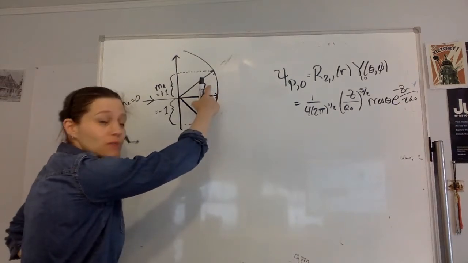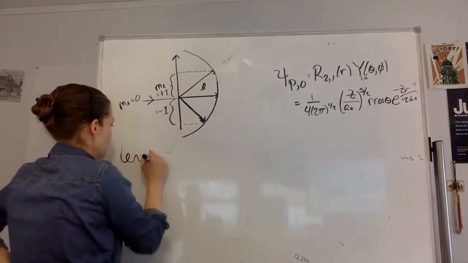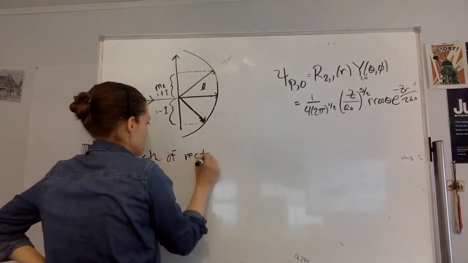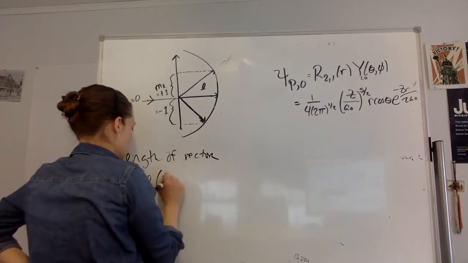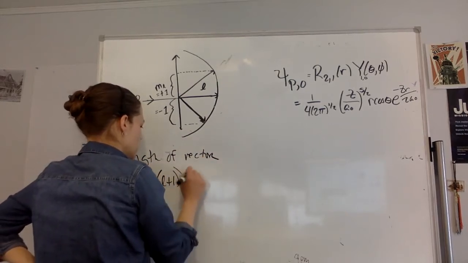The magnitude or the length of the vector is the square root of L times L plus 1, all times h bar.